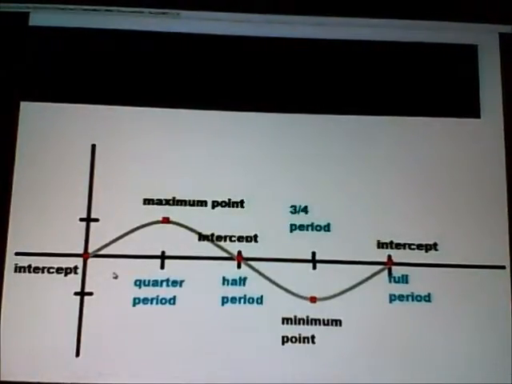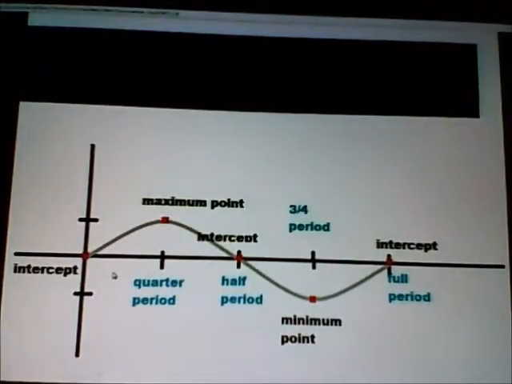To sketch the basic graph of a sine by hand, it is suggested to memorize 5 points of a single period, which include the intercept, the maximum point, the minimum point, and where the full period ends.